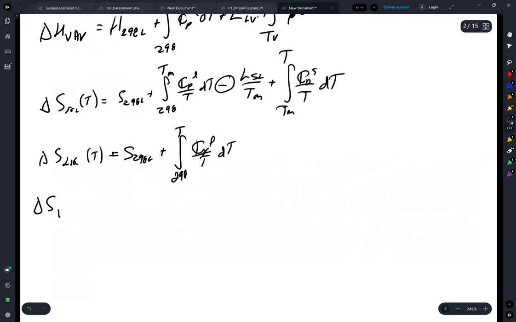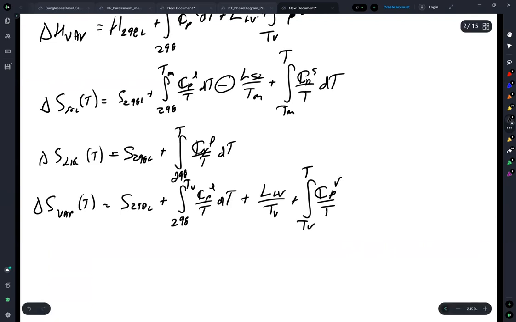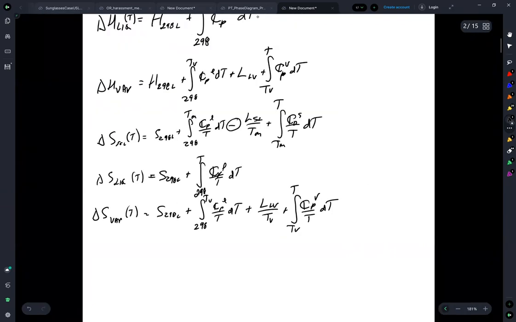And then delta S of the vapor, S at 298 of the liquid plus the integral from 298 to the vaporization temperature CPL over T dt plus L going from liquid to vapor over T of vaporization. Now in the vapor phase, we go from vaporization temperature to the temperature of interest, Cp of the vapor over T dt. Okay, great.